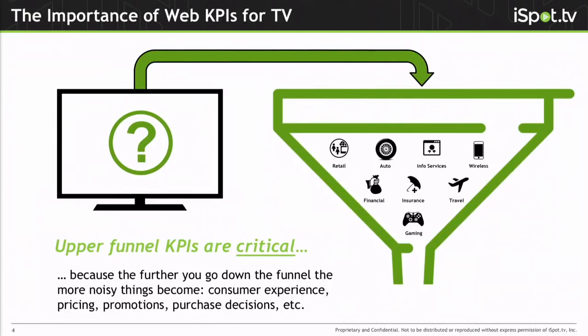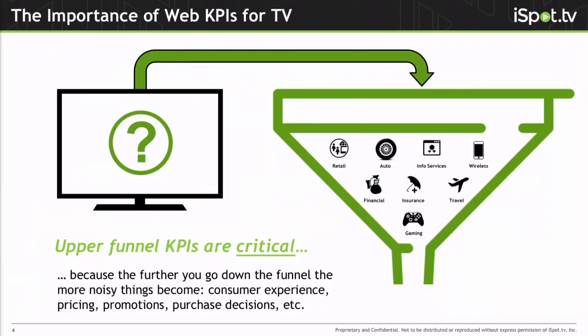So why are web KPIs so important for just about every category? A couple of reasons. Number one, it allows you to tap into the top of the funnel, right? Because what we're trying to do is create a direct connection between TV impressions and top of funnel. Because guess what? Once you get into the funnel, there's a myriad of other variables that you've got to deal with. There's consumer experience, there's pricing, promotion.